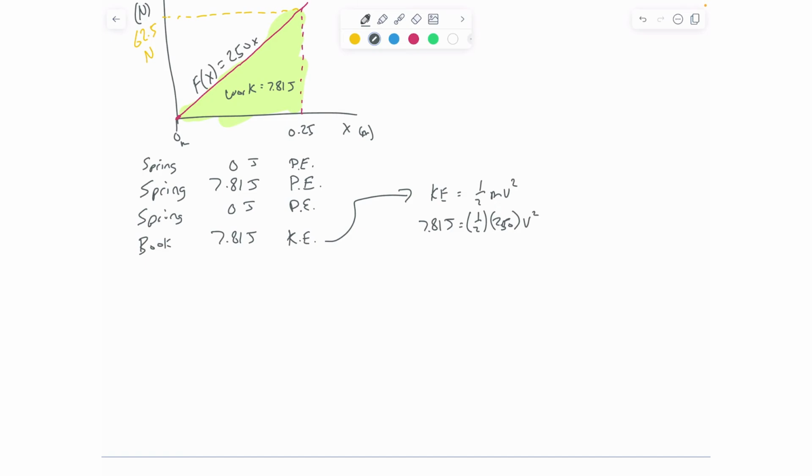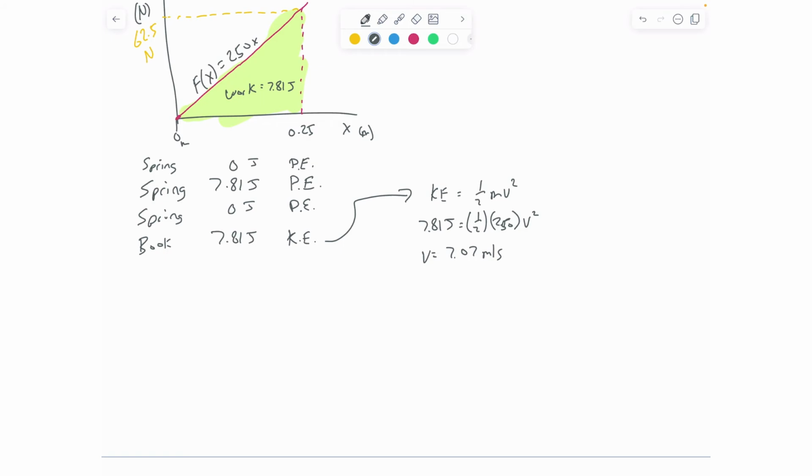Obviously, you can just do the math: half times 2.5, then divide 7.81 by that, and then take the square root of it. Once you're done with that algebra, you end up with V equal to 7.07 meters per second.